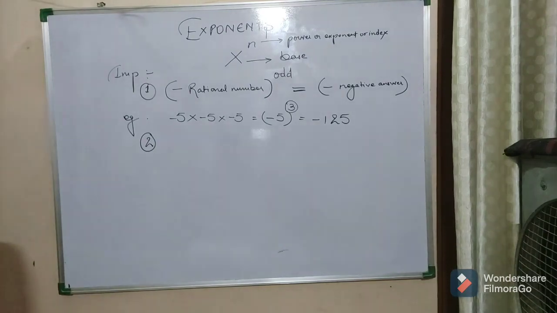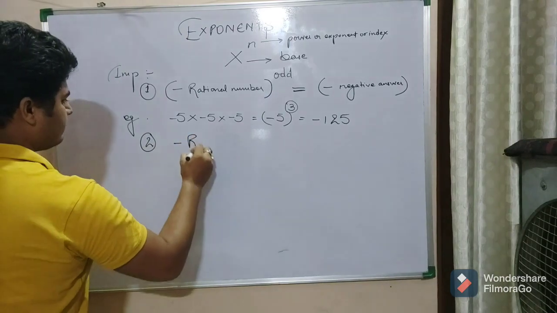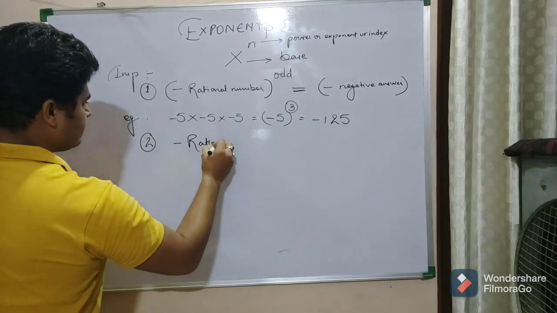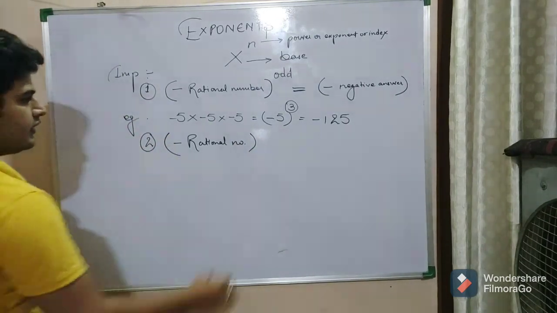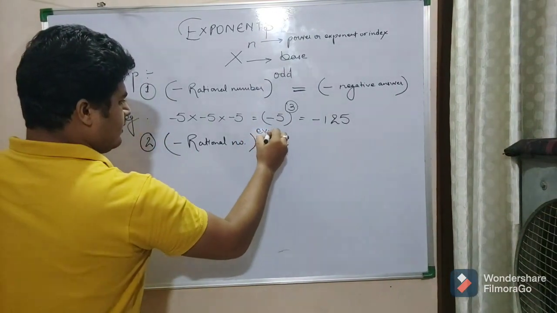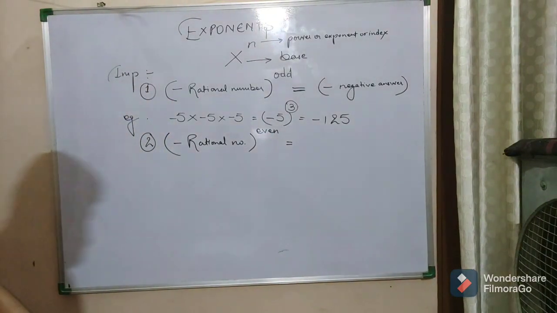Second important point, if a negative rational number is raised to the power even number of times, you all know what is odd and even?